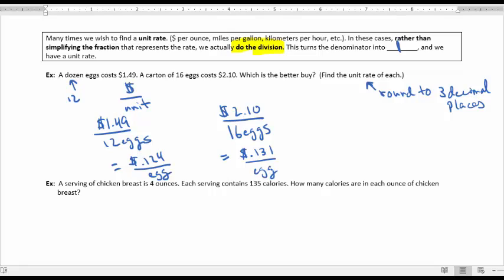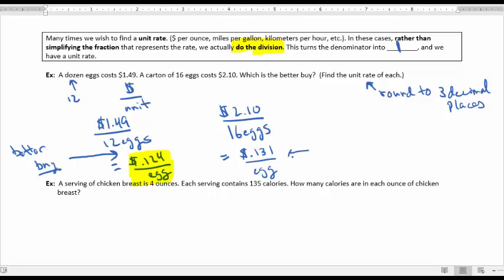And since this is something you're going to buy, you want the one that costs less, assuming the quality is equal. So assuming the eggs are the same size, same quality and everything, you're going to go with the cheaper one, which is this one. So this is your better buy.